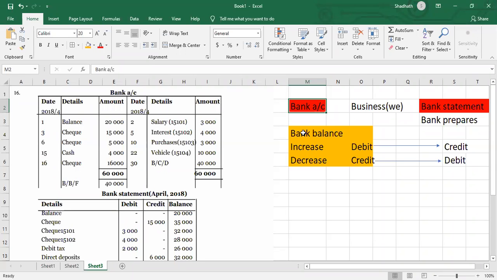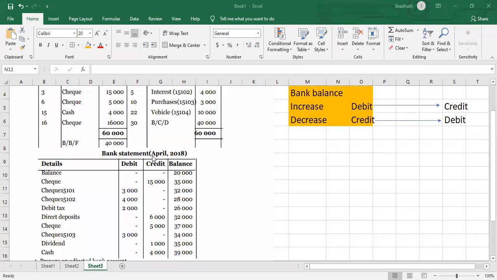For example, first of all, just look at the bank statement, my dear students. Opening balance 20. There is a check 15,000 in credit. So the balance becomes 20 plus 15, 35. There is a check in the debit side, 3. You see 35 becomes 32. Again debit 4, 32 becomes 28. So if you look at the pattern of balance in the bank statement, a credit entry increases the bank balance.